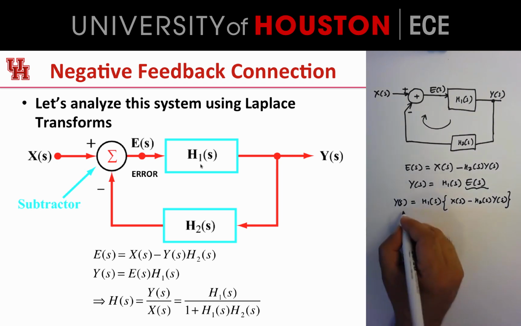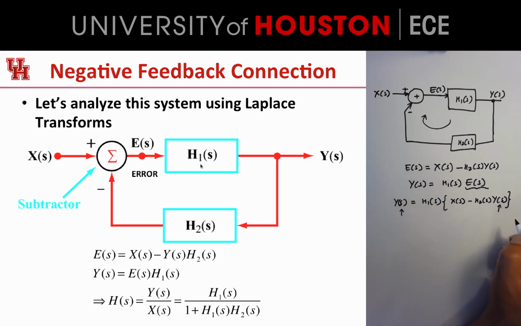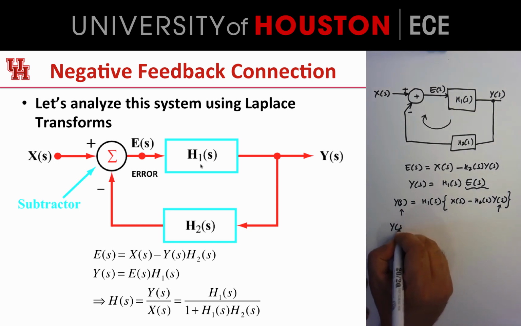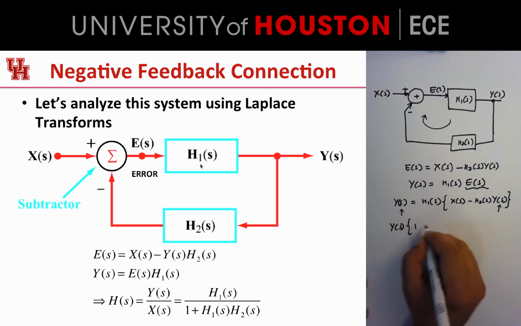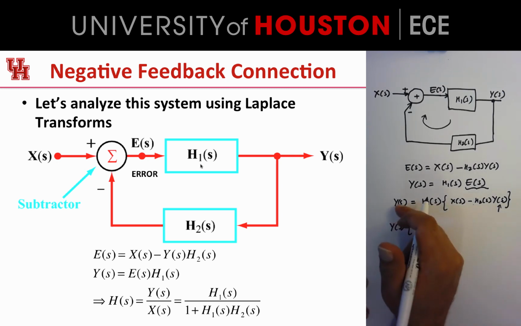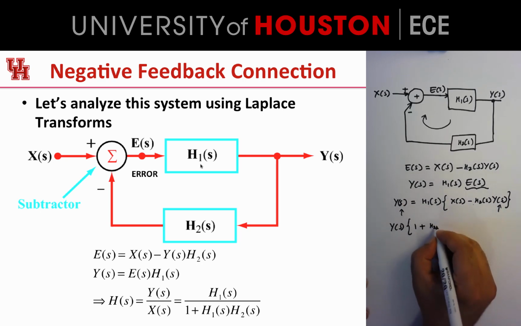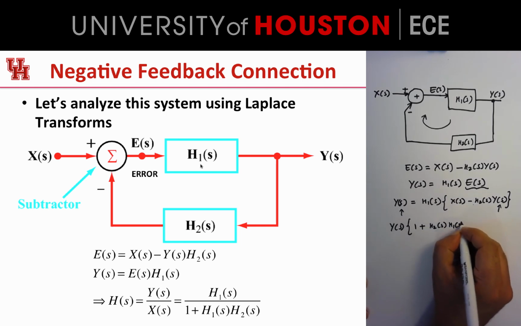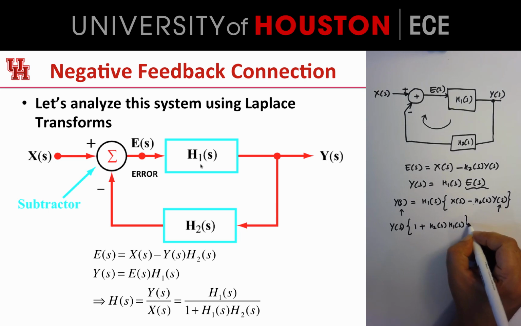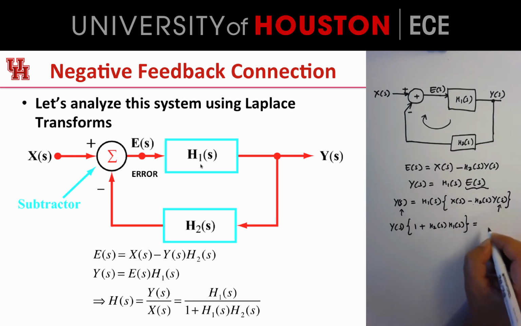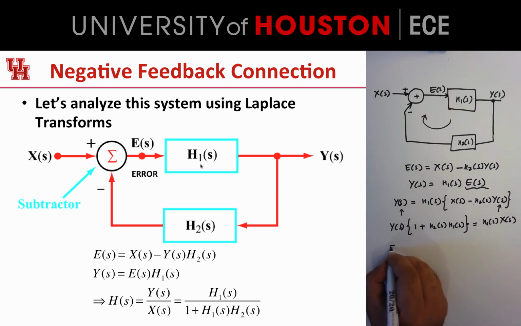Now Y(s) appears on the left-hand side and on the right-hand side, so we can rearrange this equation a little bit. We can say Y(s) times 1 plus, taking this whole thing to the other side, H2(s) times H1(s), times Y(s), equals H1(s) times X(s). This implies Y(s) by X(s), which is our transfer function.